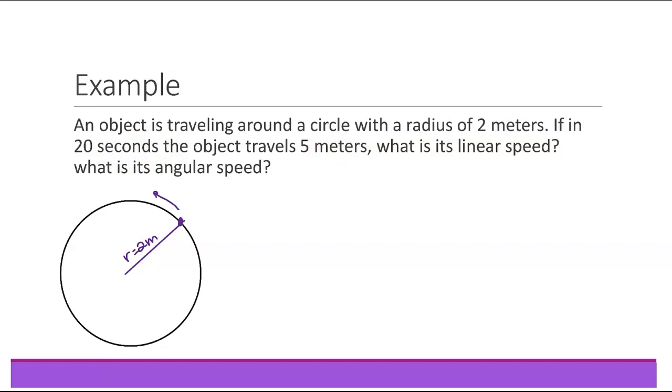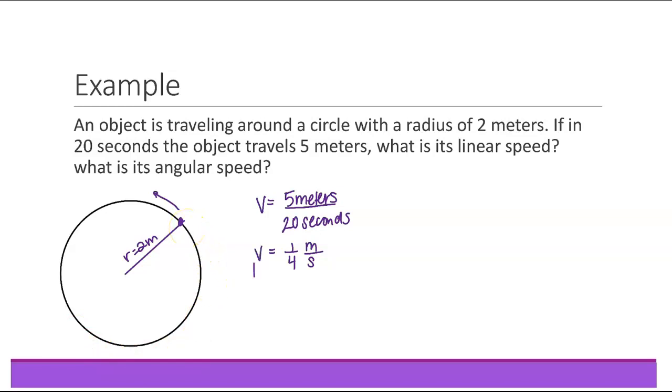So v, my linear speed, is a distance, 5 meters in the numerator, over a time, 20 seconds. We can reduce 5 over 20 to 1/4. So this travels 1/4 of a meter per second. That is the linear speed of this object as it travels around the circle.